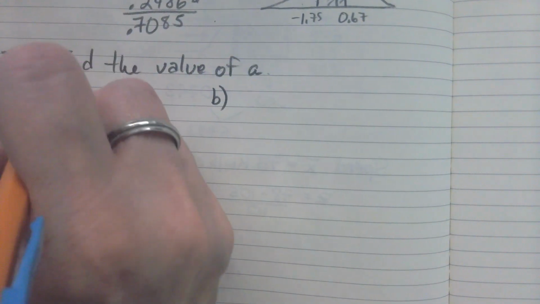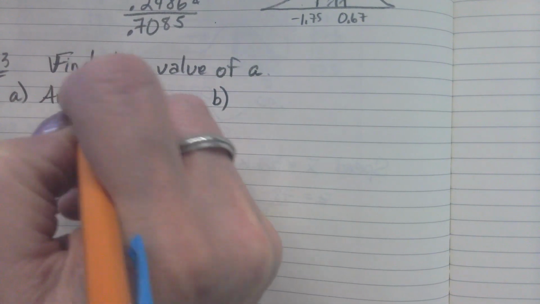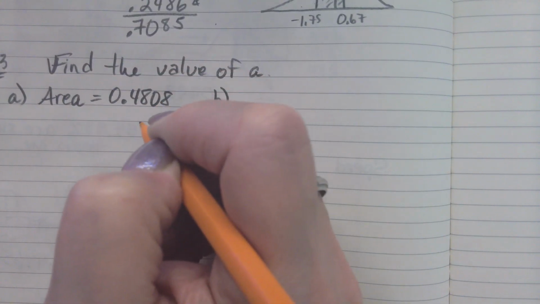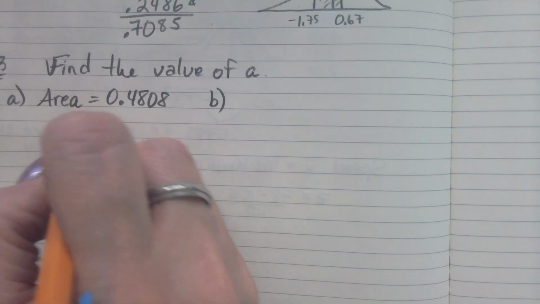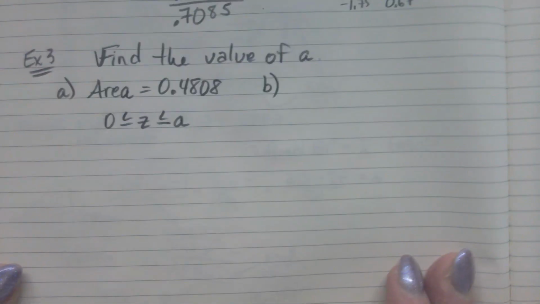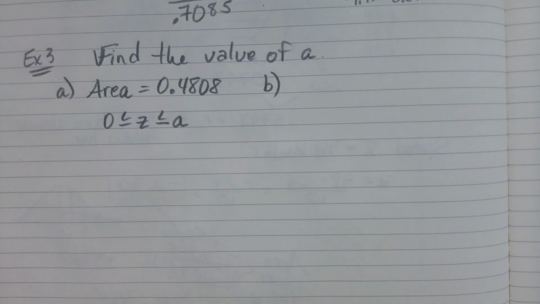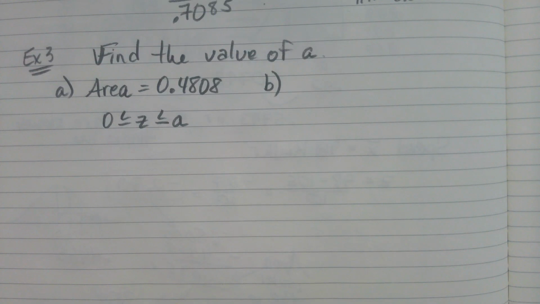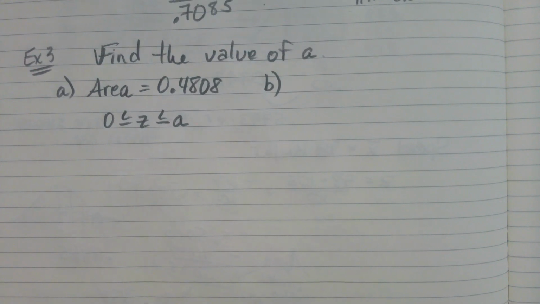They tell you that the area is 0.4808, and you need to fill in the missing value. What was the Z-score that gave you that? You just have to search.